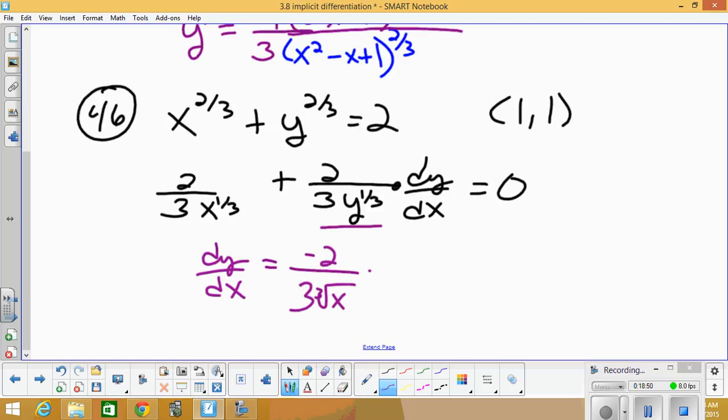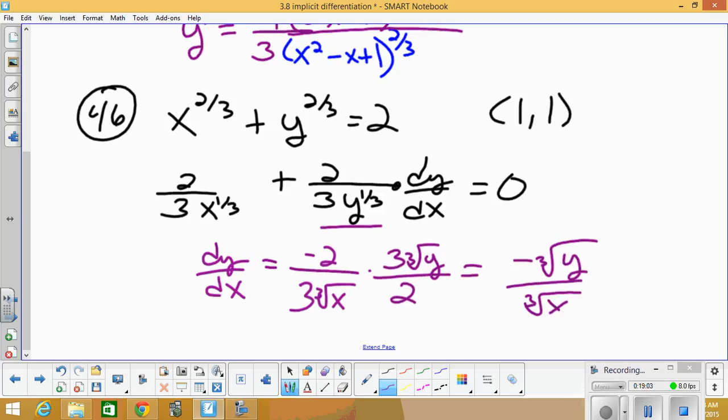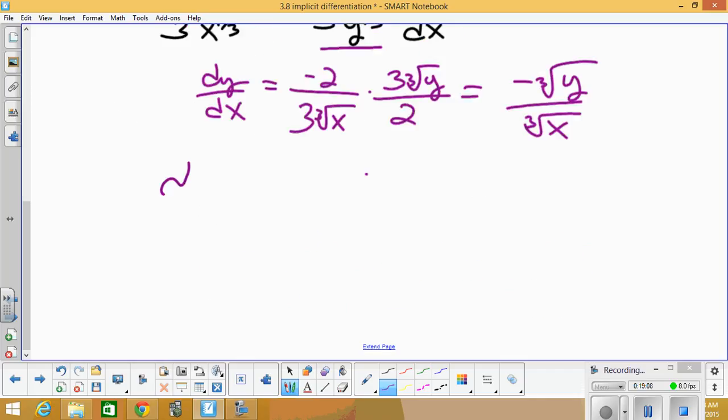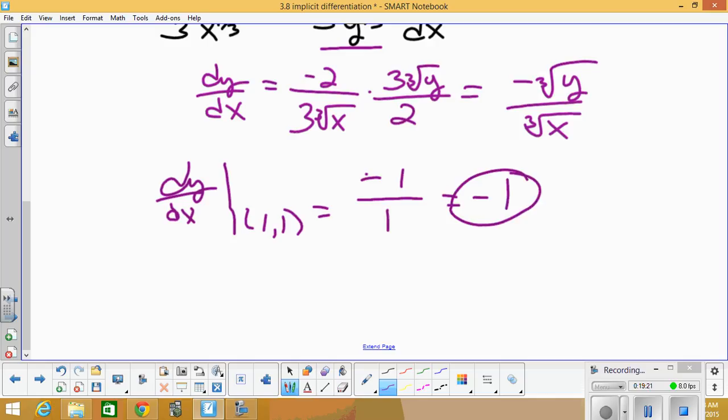So I'm really multiplying by 3 cube root of y over 2. From here, I can see it simplifies, and I should have a negative cube root of y over the cube root of x. And then we can evaluate this dy/dx at the point (1, 1). And when we do that, we see we have a negative 1 over 1, or negative 1 is our answer.